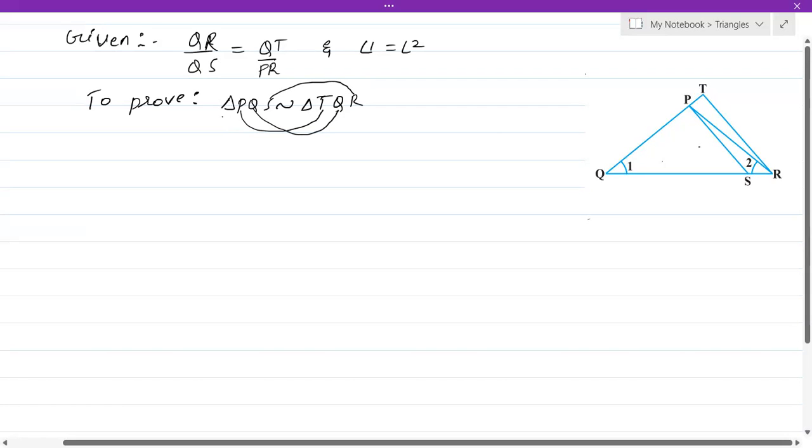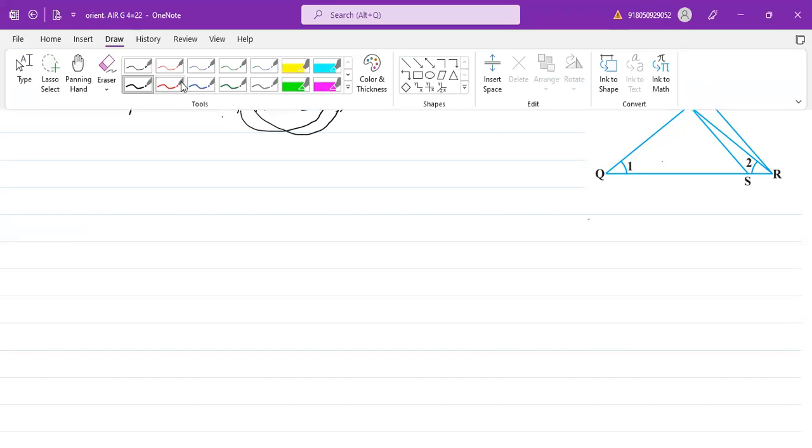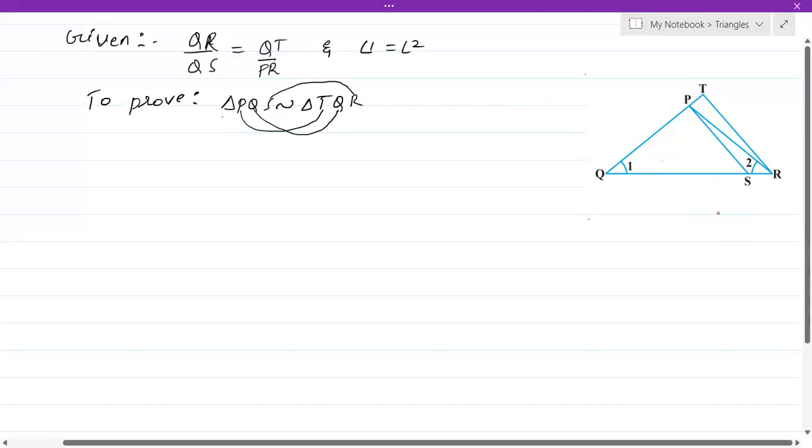Okay. Now, if you observe, the triangles that we have to prove similar is, let me shade it. So triangle PQS, that is this triangle PQS. Let me shade it. The one which I've shaded in red color, PQS.